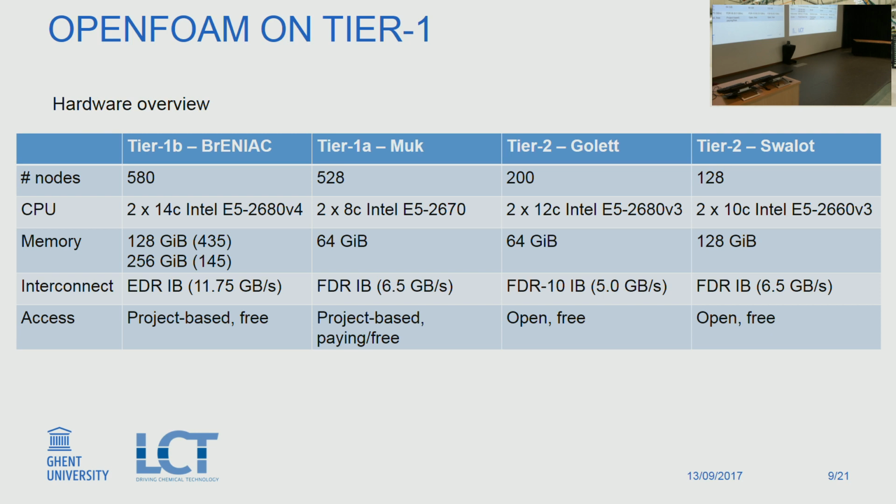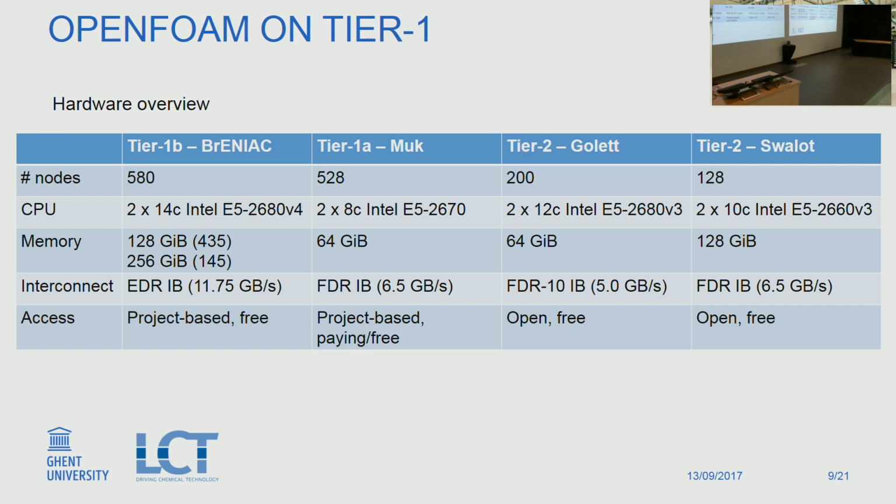Just to give you an idea of how much it costs, there's one number that I have in mind. The Muk machine, the hardware is still next door, but it's turned off. And the reason for that was that just the electricity to run it for a year costs 400,000 euros.